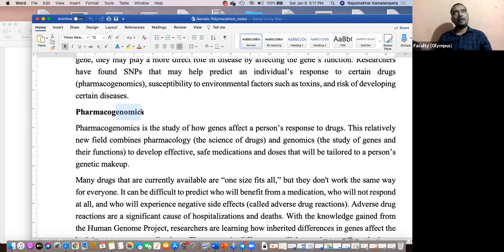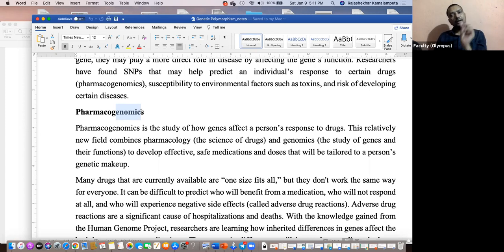Similarly, we have also been sequencing human DNA. Nowadays, in India also, a lot of work is happening. We are sequencing human DNA, and now we have some understanding about where the variable regions in our DNA are.